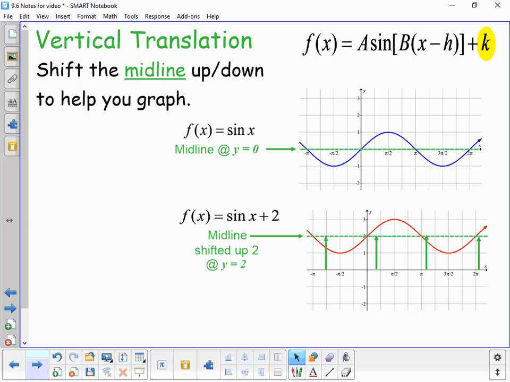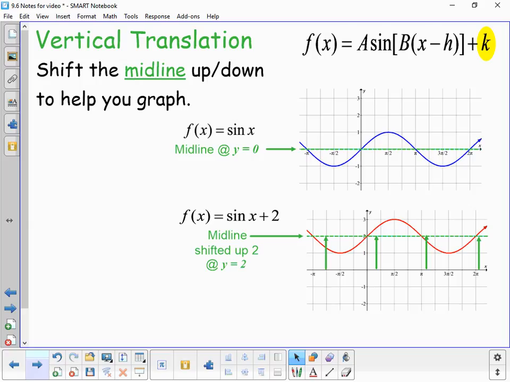So the midline, you'll notice that in both cases the function does go above that midline and it goes below that midline, and that's why it's called the midline, because it's literally the middle of the function, vertically speaking.